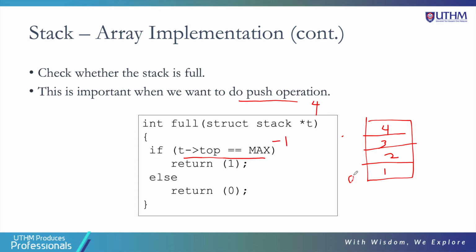Because it only reached 0, 1, 2, 3. So 4 minus 1 equal to 3. Whenever top is equal to 3, it indicates that the stack is already full. So whenever the stack is already full, it will return 1.